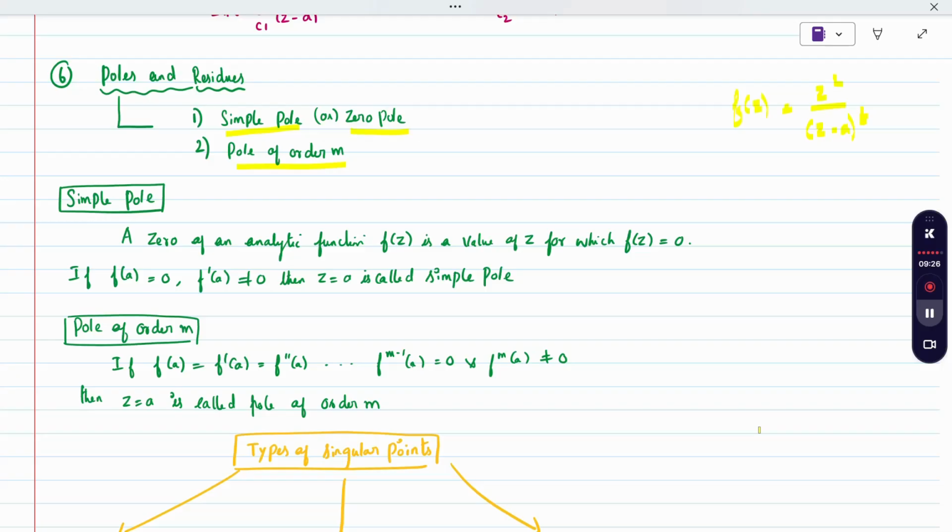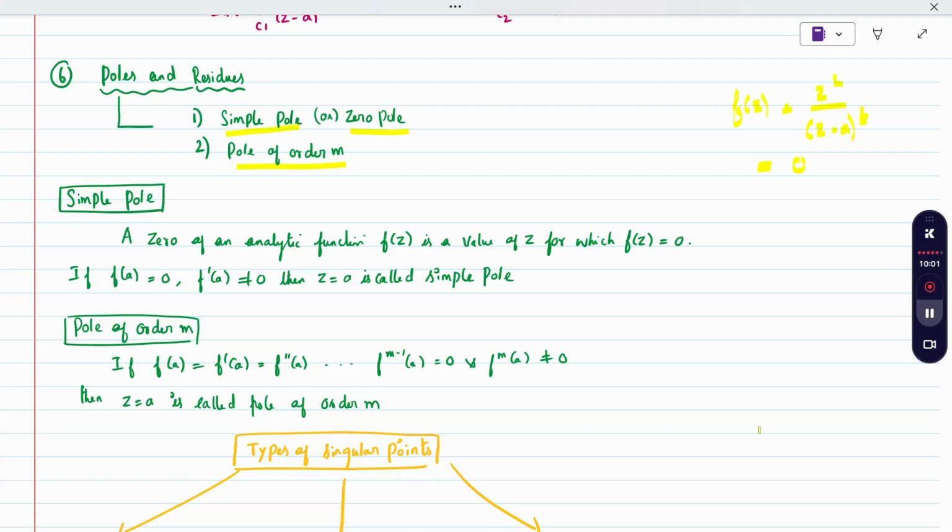Other than 1, every power comes under poles of order m, that is 2, 3, 4 and so on. A simple pole means a zero of an analytic function. How to calculate it: a pole is a value of z for which f of z equal to 0. We take the given function equal to 0 and get one answer.